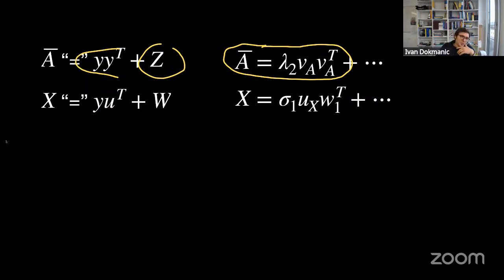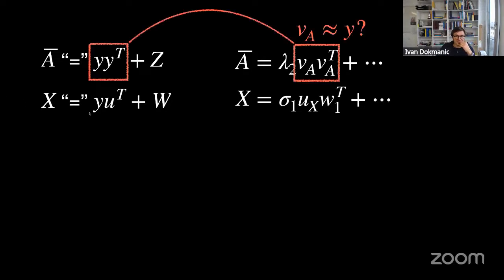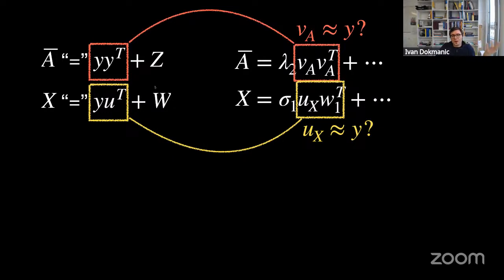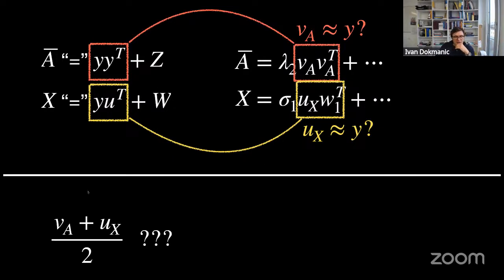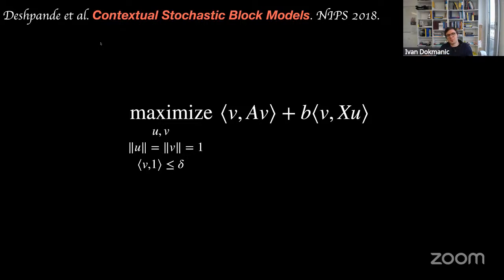But hopefully both the first left singular vector of X and the top eigenvector of A bar are related to labels. So we want to combine these things in some way. But it wouldn't make sense to just average them because we don't know these SNRs. We don't just want to estimate labels using some spectral clustering. We actually want to modify the graph. We want to rewire. And what if there are more than two classes? If there are more than two classes, there are top k eigenvectors that contain information about the graph.